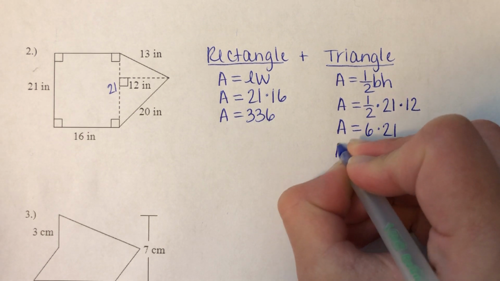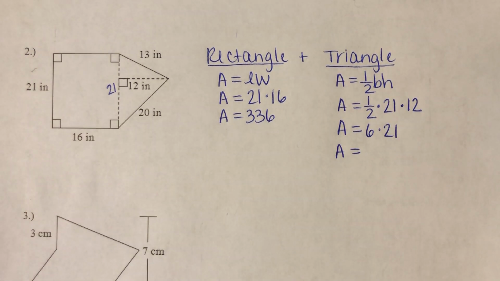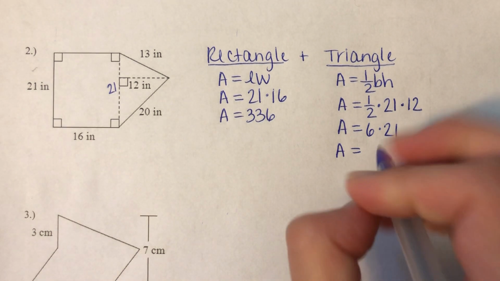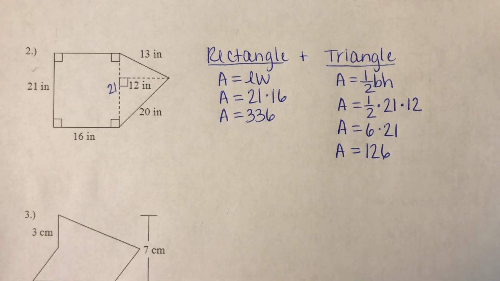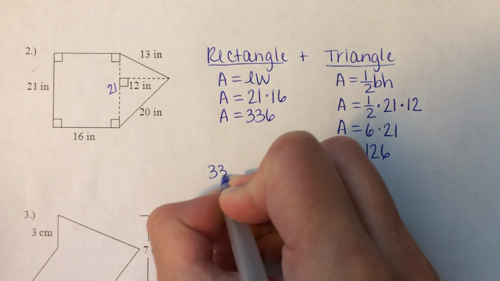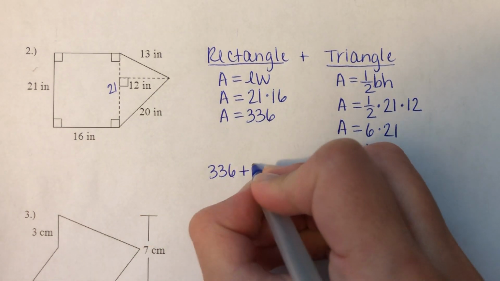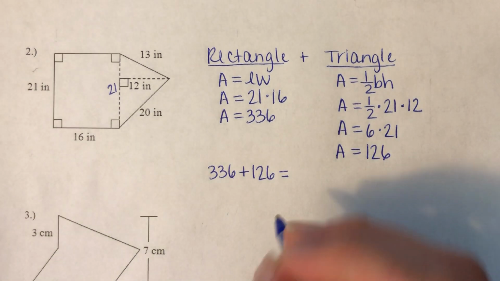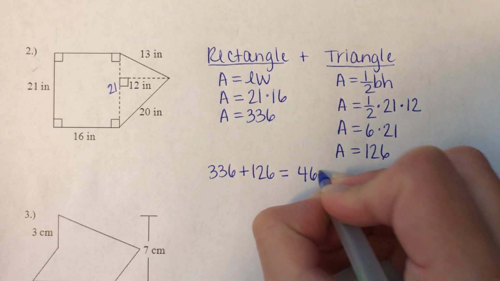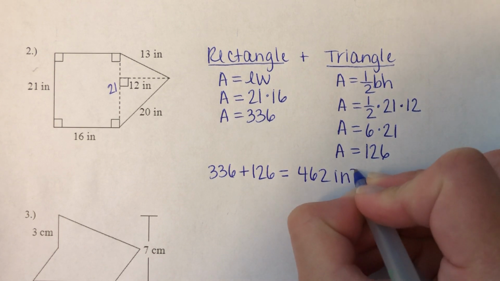Bring down the times 21. And 6 times 21 is 126. Last step is to add them. And we get 462 square inches.